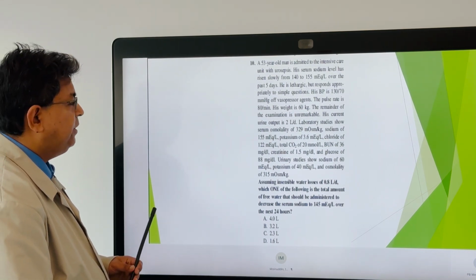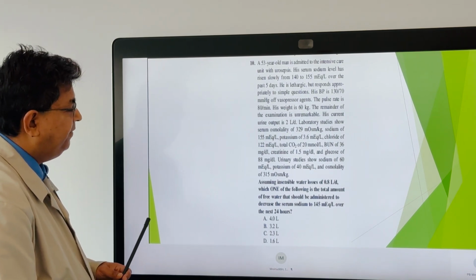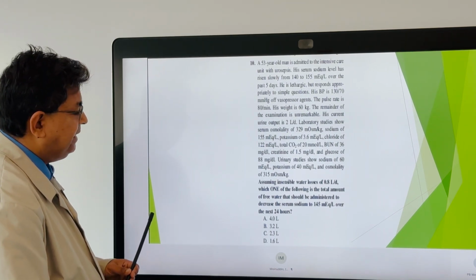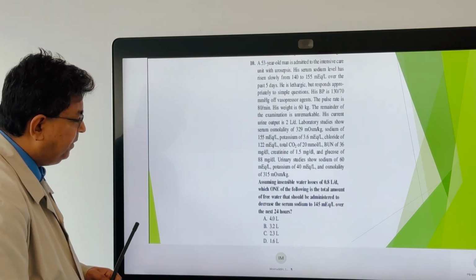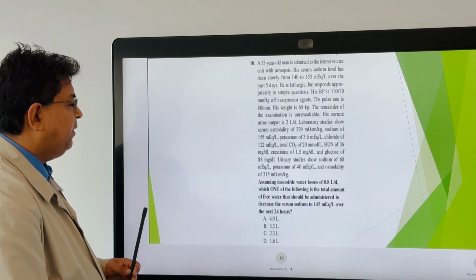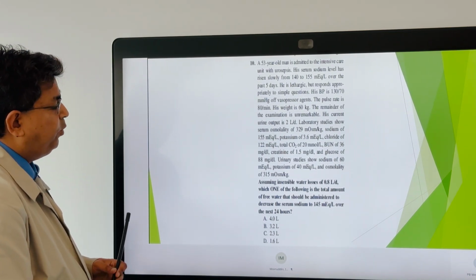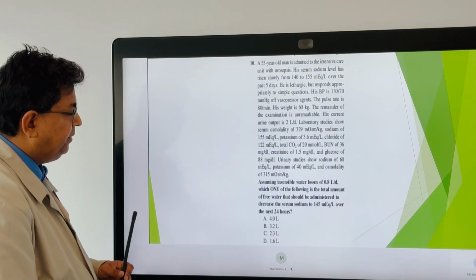Laboratory studies show serum osmolality of 329 milliosmoles per kilogram, sodium of 155 milliequivalents per liter, potassium of 3.6 milliequivalents per liter, chloride of 122 milliequivalents per liter, total bicarb of 20 millimoles per liter, BUN of 36 milligrams per deciliter, creatinine of 1.5 milligrams per deciliter, and glucose of 88 milligrams per deciliter.